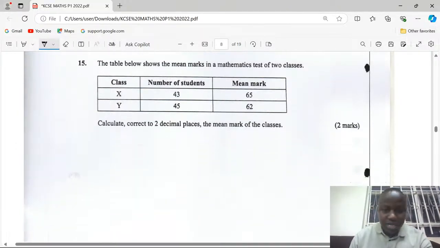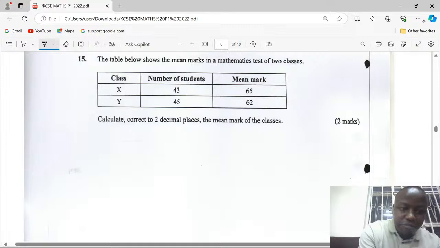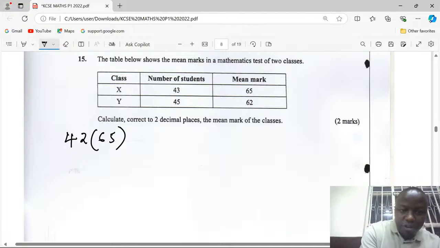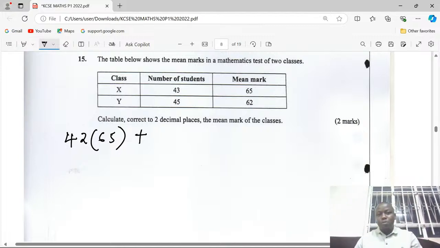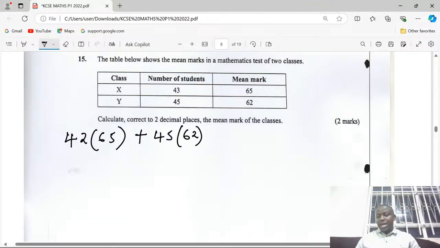So we will say that 43 students are giving us a mean of 65, which means if we multiply the mean score by the number of students, we get the total marks that they add. So total marks from X are going to be that. We add also the total marks from the other class, whereby the students are 45, they have a mean of 62. So we can now get the total marks for the 2 classes.